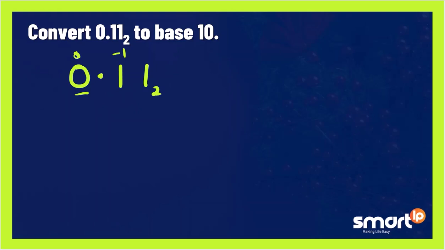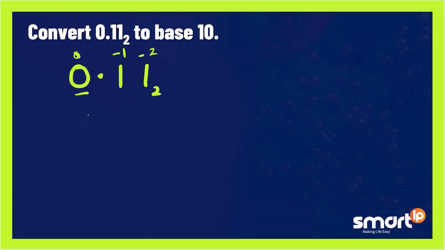Then immediately after the tenths, the next one is hundredths, and the power there is -2. If we go on and have another digit, the next power is going to be -3. You get the idea. So we have gotten the powers now.